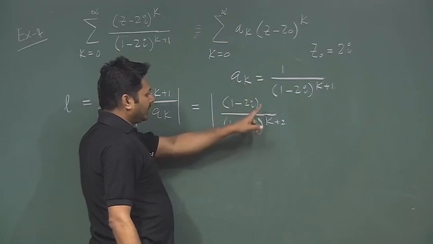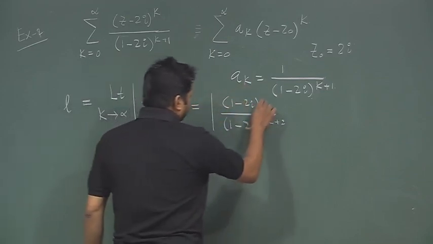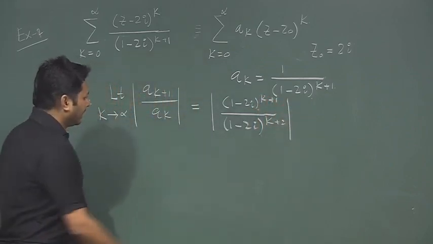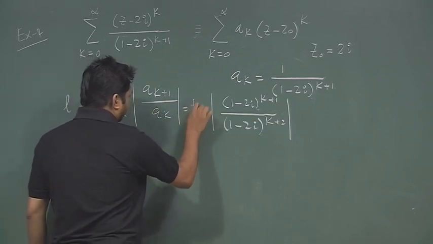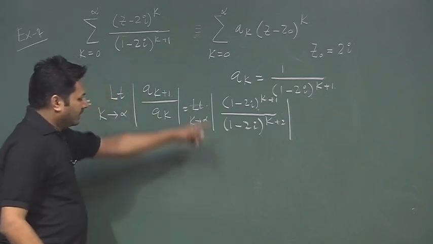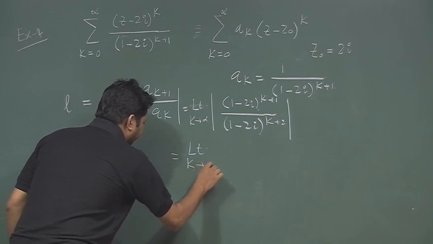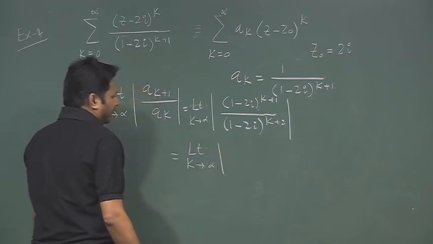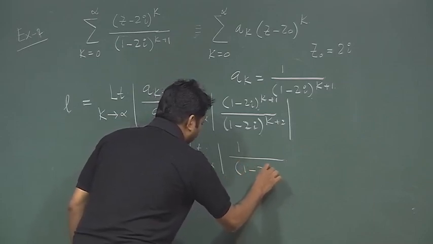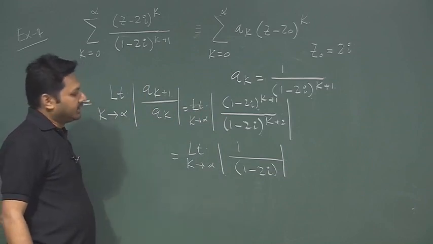So, a_{k+1} will be 1 by this, and a_k will be 1 by this. The limit is as usual k tends to infinity. So, this term will be simply 1 divided by 1 minus 2i, mod of this quantity.